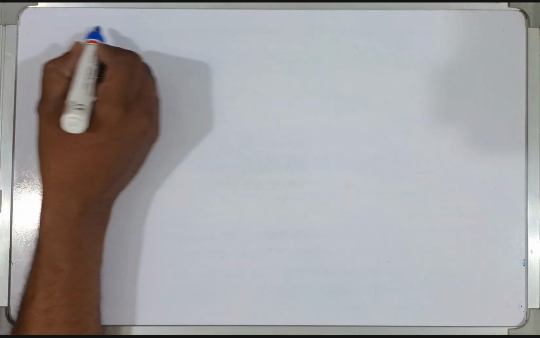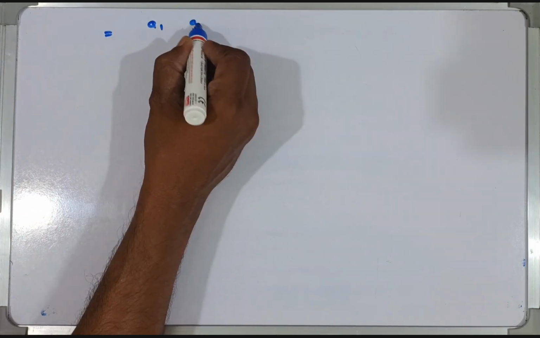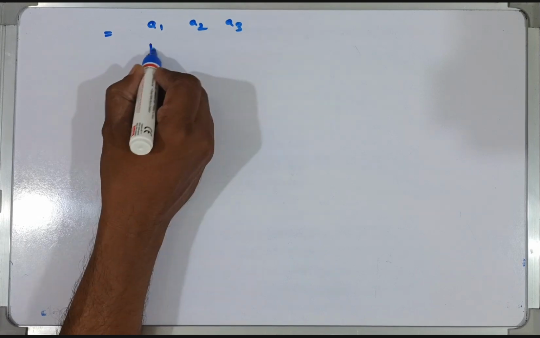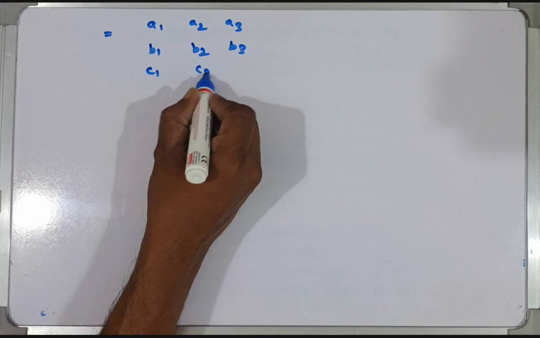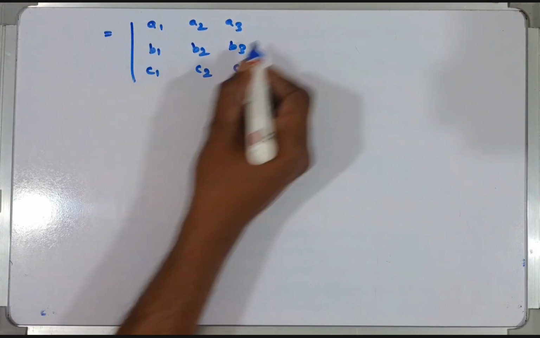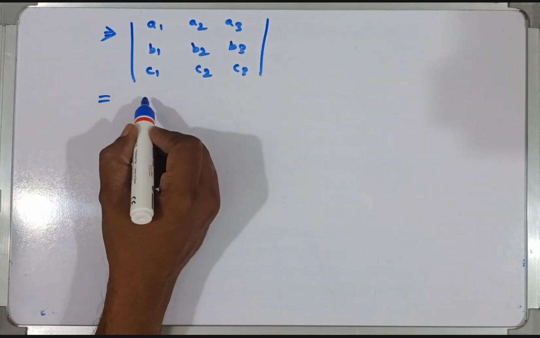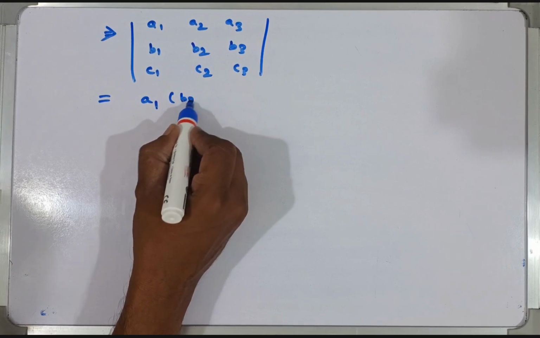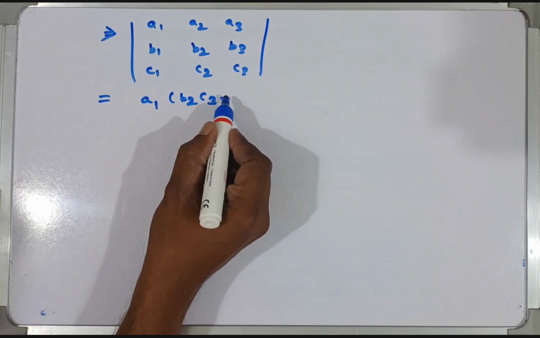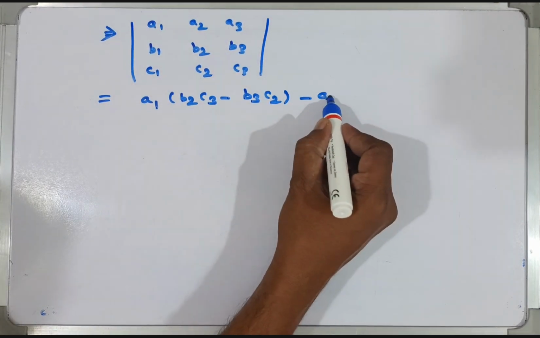determinant. Okay, suppose guys, here determinant say like this: a1, a2, a3, b1, b2, b3, c1, c2, c3. Okay, then what should be the value of this determinant? So this one will be a1, then we write b2 into c3 minus b3 into c2 with negative sign.